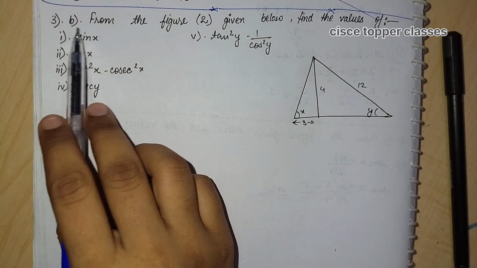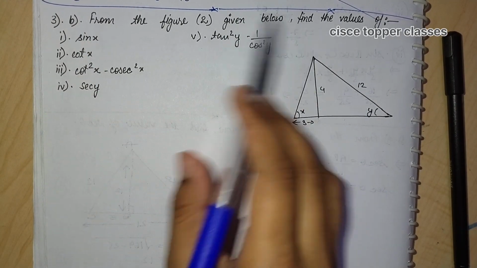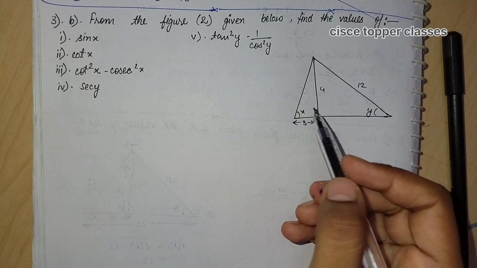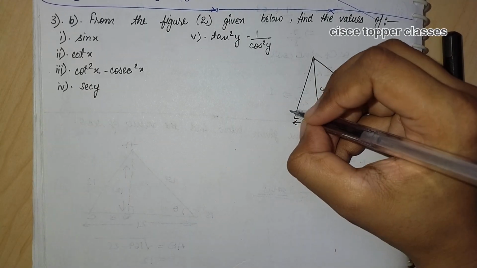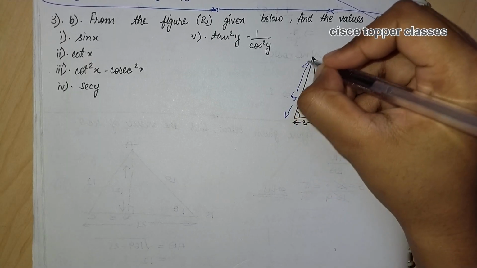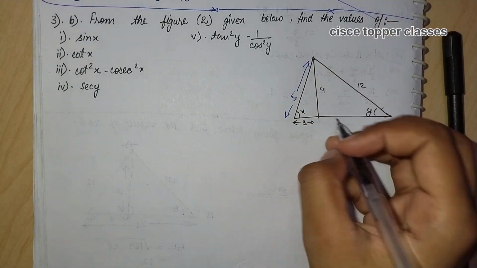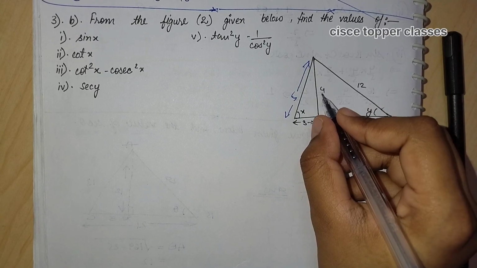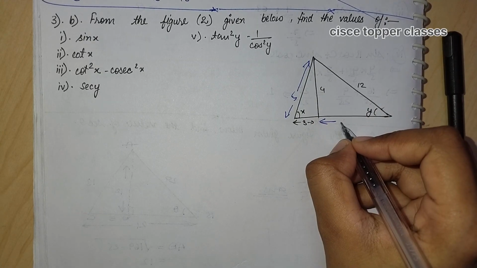Let's solve question number 3 second part. From the figure given below, find the value of sin x. So firstly, to find the value of sin x, we will find the hypotenuse of this part. So this will be 16 plus 9 means 5. 5 is the hypotenuse by Pythagoras theorem. Now here base we have to find. So it will be 12 square minus 4, means 8 under root 2.